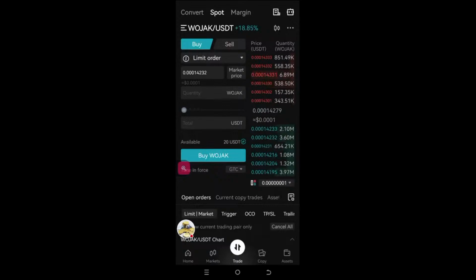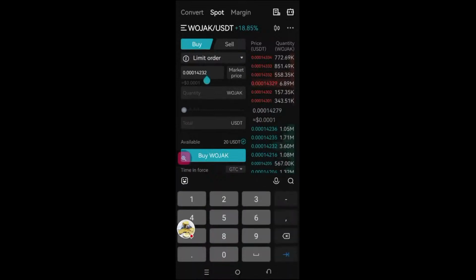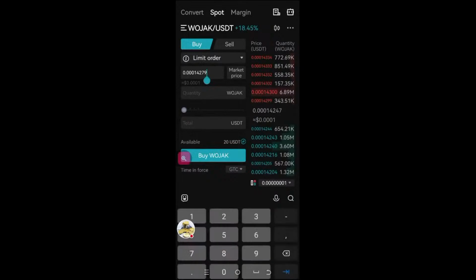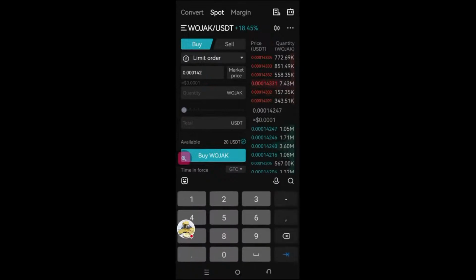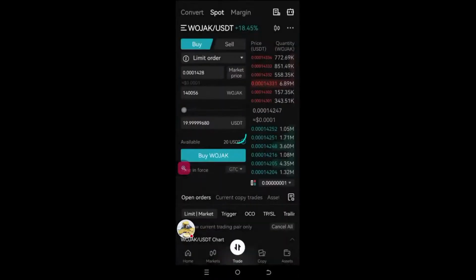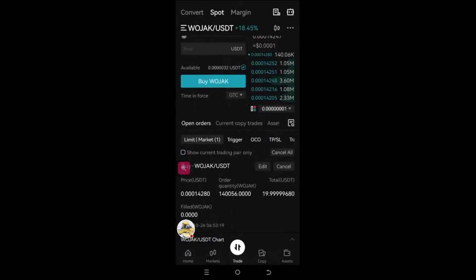Let me see if I put this at 14. This is 14279. I put it at 1428. Let me see if it will allow me to buy.